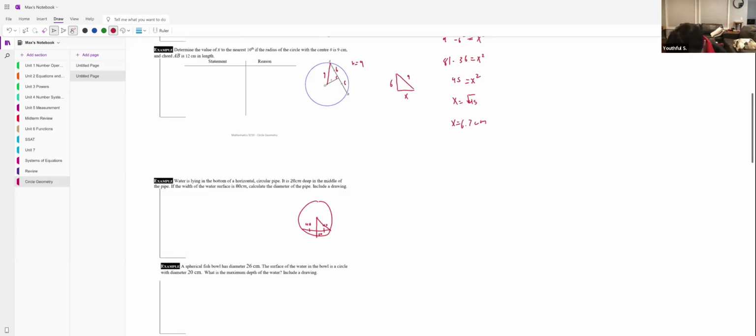Hold on. 40 centimeters is 20, so you can solve for this length, but that doesn't really help you all that much, does it? There's a way to do this.